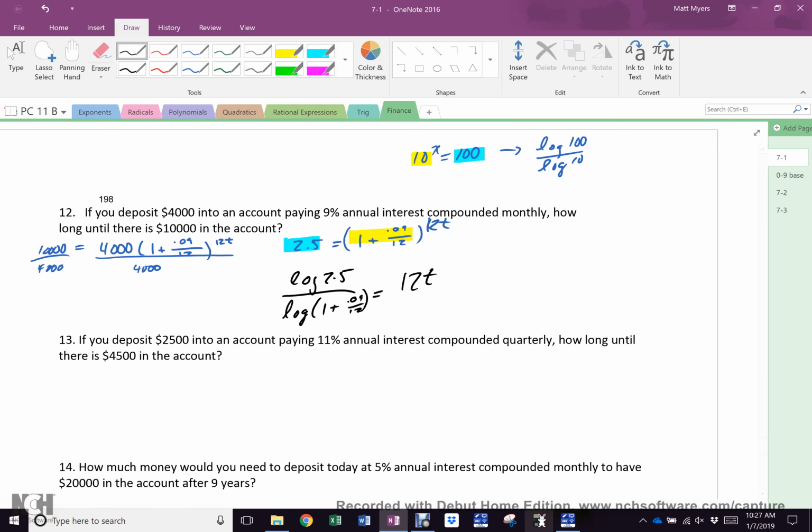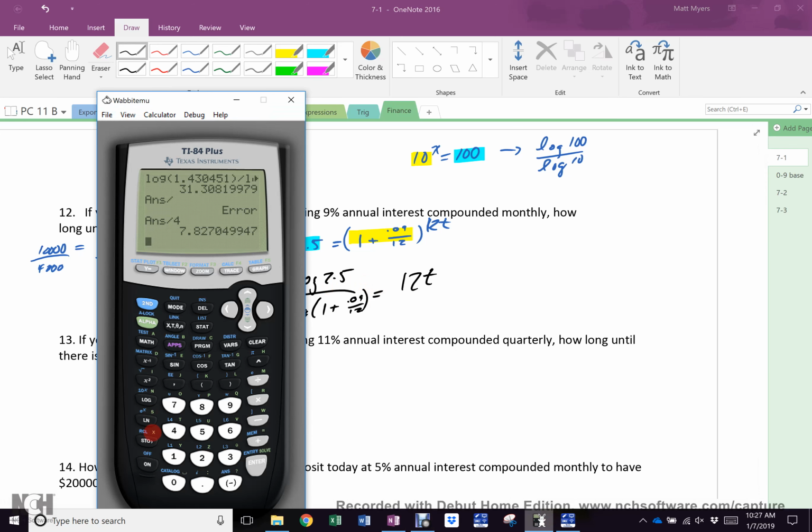So you punch that into your calculator. I'll punch it in on the big one. Log 2.5 bracket divided by log, then I don't need two brackets, 1 plus 0.09 divided by 12, close brackets. So that gets me that.